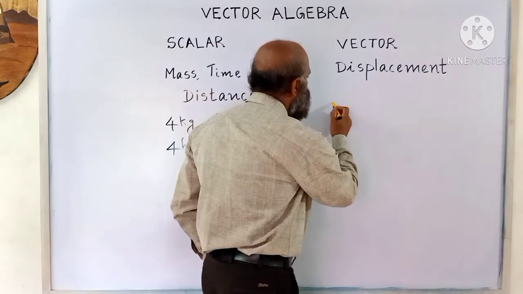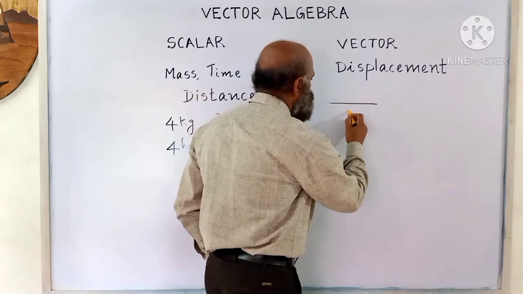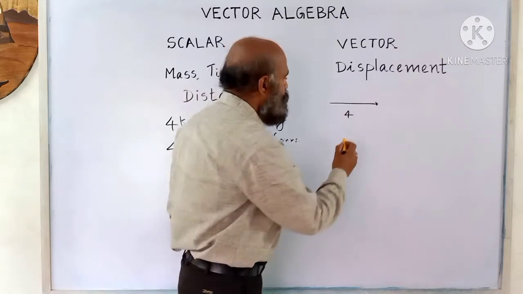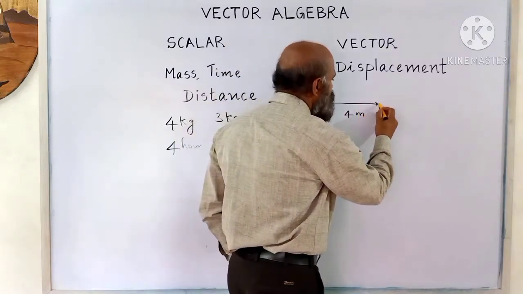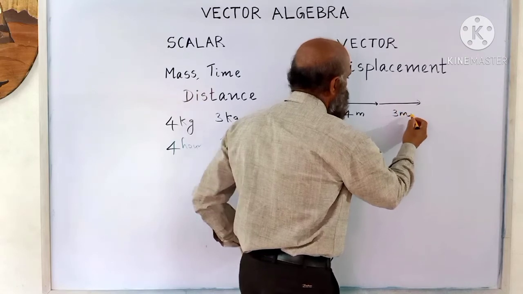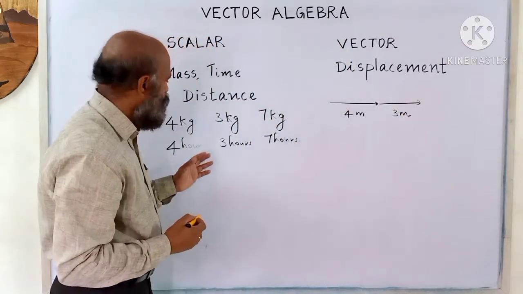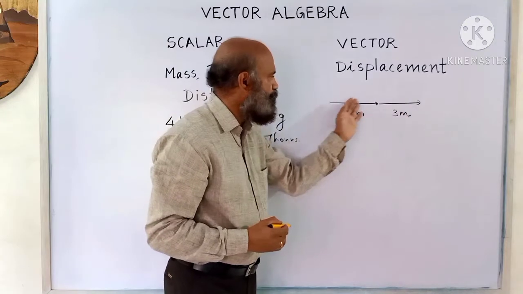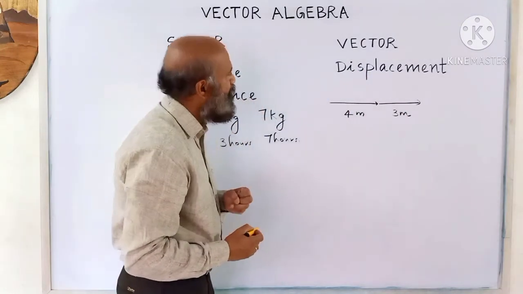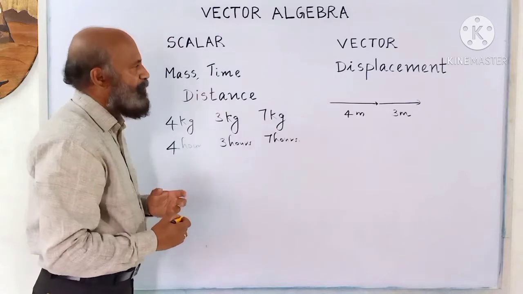Suppose you walk 4 meter, then you walk 3 meter. So you know distance is 7 meter. Displacement is also 7 meter. Then what's the difference?